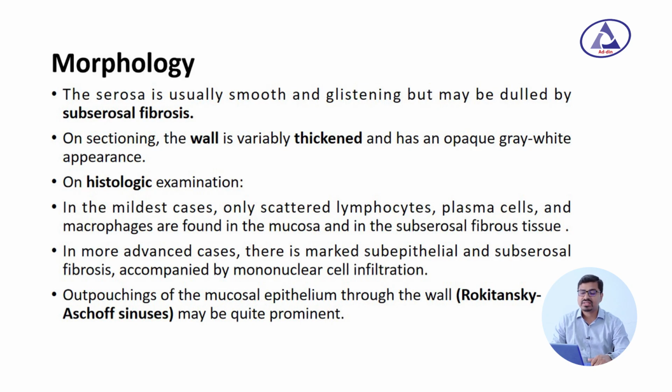In more advanced cases, there is marked subepithelial and subserosal fibrosis, accompanied by mononuclear cell infiltration, and outpouching of the mucosal epithelium through the wall may be quite prominent.